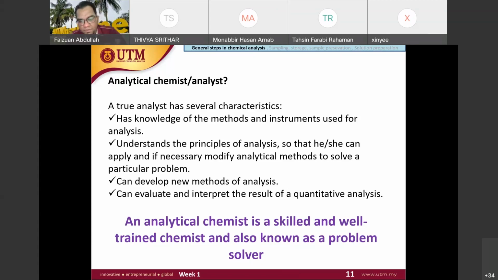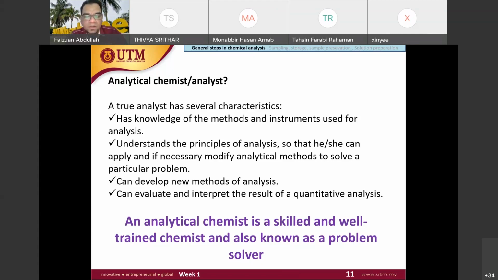What kind of instrument we need to use, how to prepare the sample, and how to analyze the data, and so on, right? They can evaluate and interpret the results of a quantitative analysis. So an analytical chemist is a key skill and well-trained chemist, also known as a problem solver.